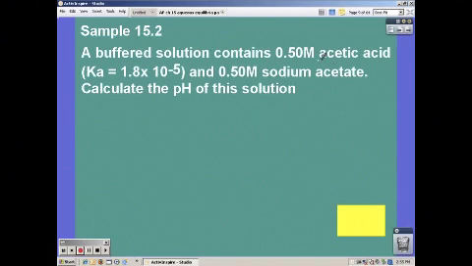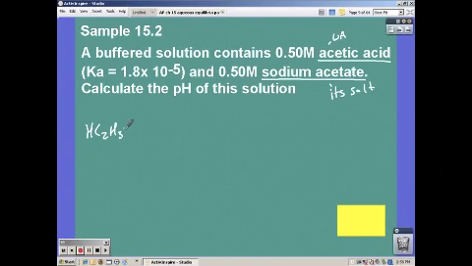So here it says we have a buffered solution, we have acetic acid and sodium acetate. They both have acetate in them, so we have a weak acid and its conjugate base. So always start with the actual acid or base, so in this case acetic acid, and write the dissociation equation.